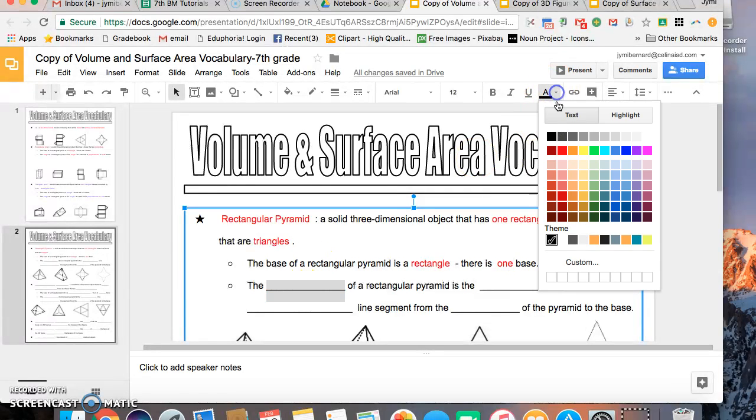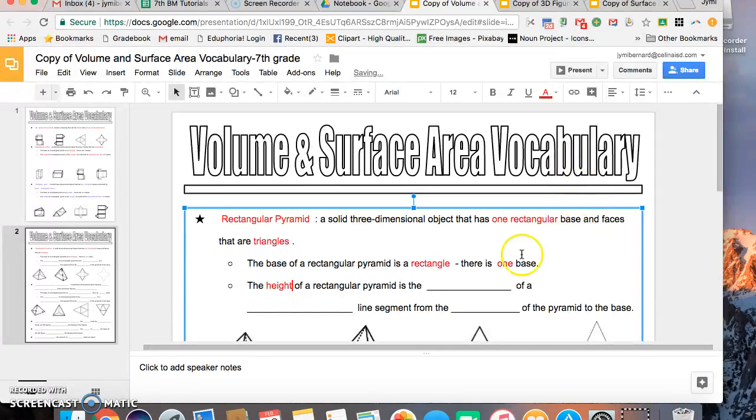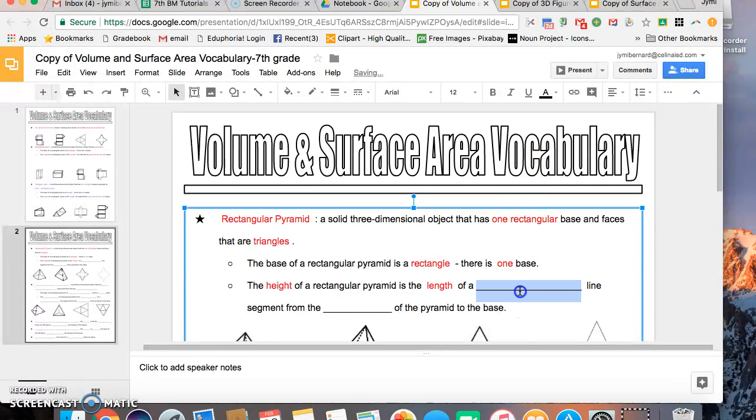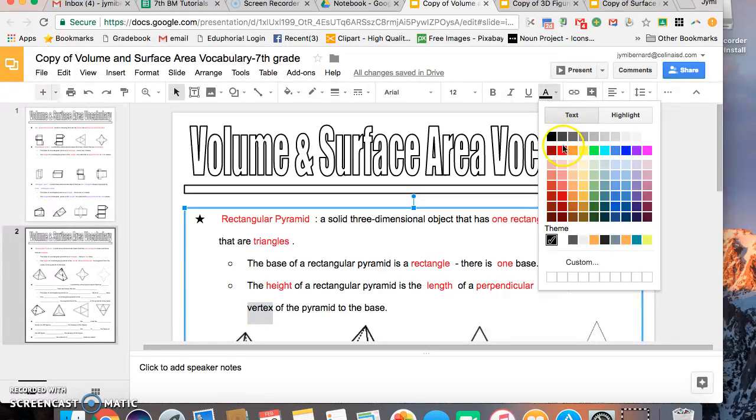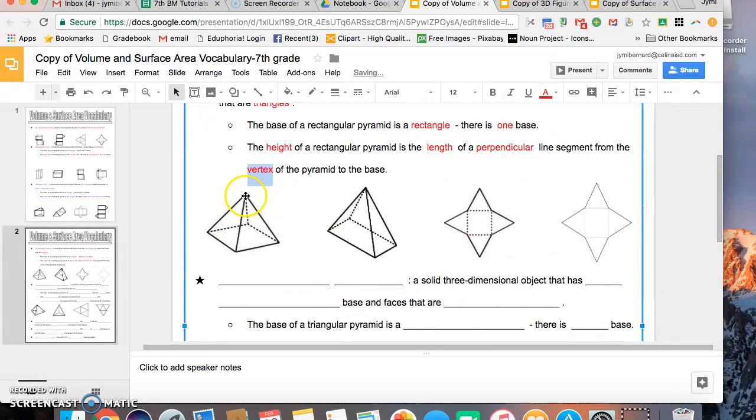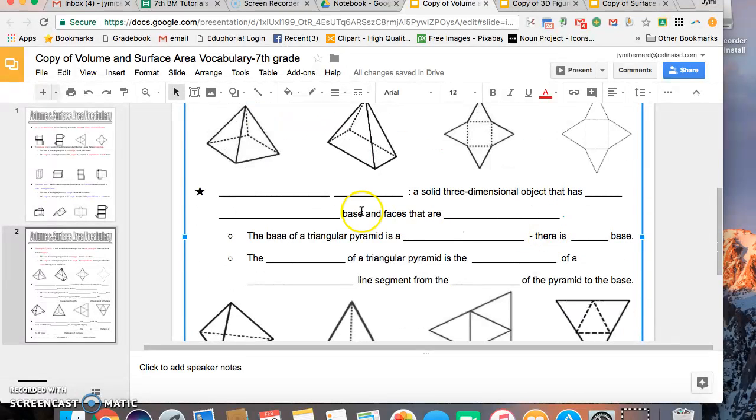The height of that rectangular pyramid is the length of a perpendicular line segment from the vertex of the pyramid to the base. So for example, here's the vertex of the pyramid down to the base. That's the height of your pyramid. This is the base of your pyramid. So shade in your bases for me.